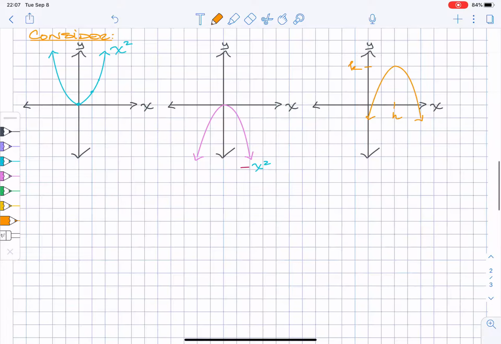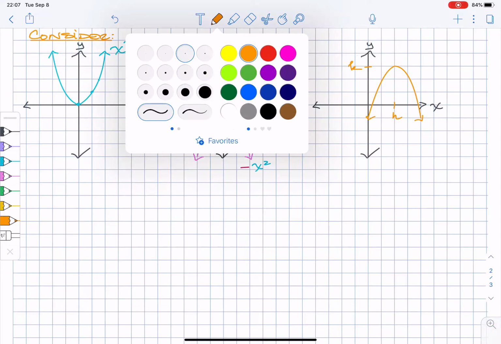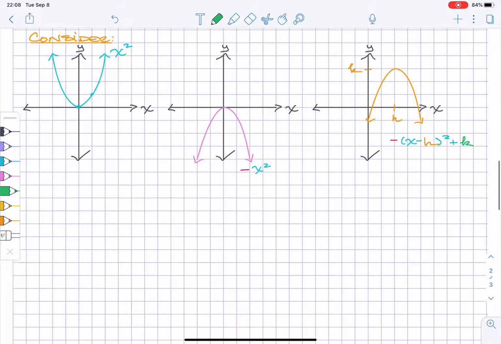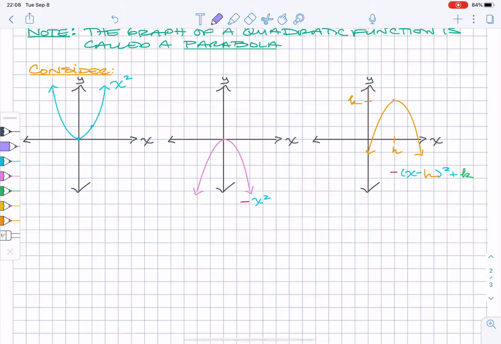And this would be negative x minus h quantity squared plus k. Actually, it's plus k, it's still plus, because I do that last. So there we are. Note that this up here would be a maximum, whereas this down here is a minimum.